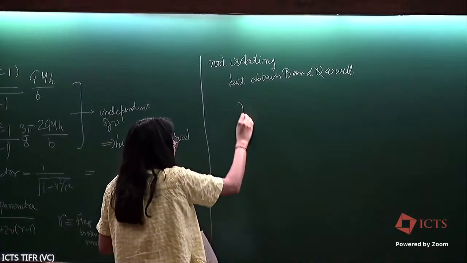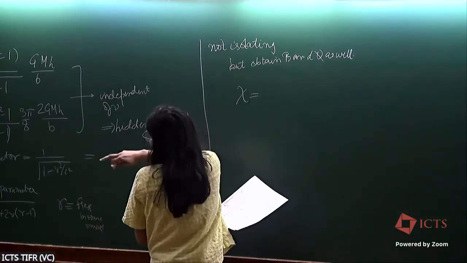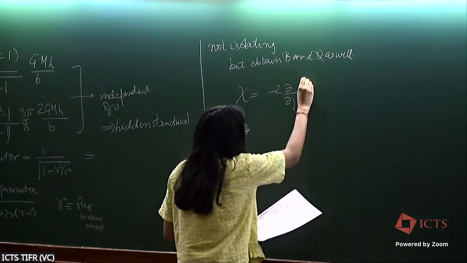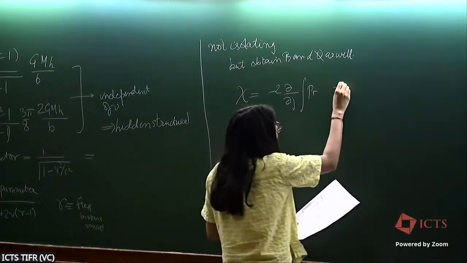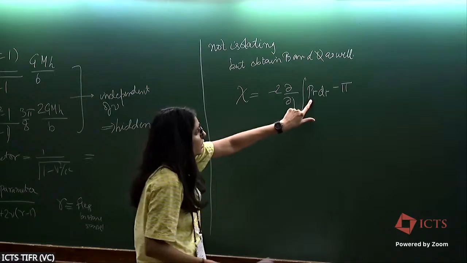And the relation between the scattering angle and the effective one-body metric is this, where PR is the radial momentum.